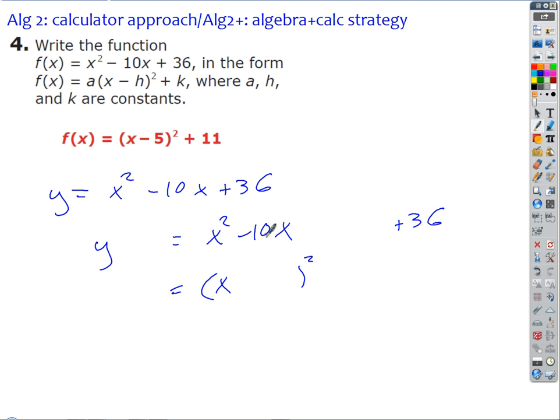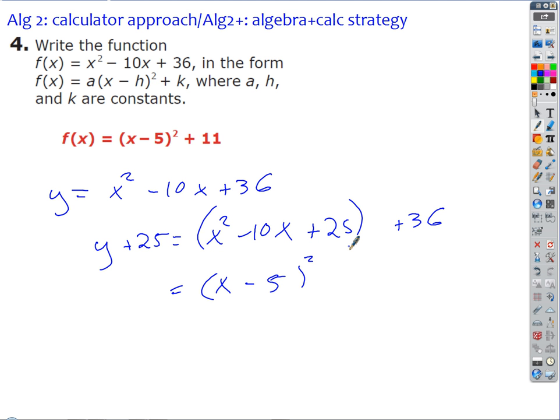If b is negative 10, what's the number you add to x squared minus 10x? Negative 5 squared, right? So to get x minus 5 squared, we'd have to add 25, but to both sides. So let's add it to both sides of the equation, and then there's the part that becomes the perfect square.